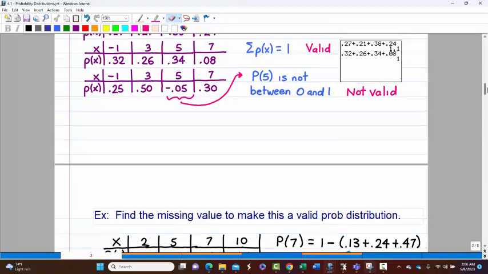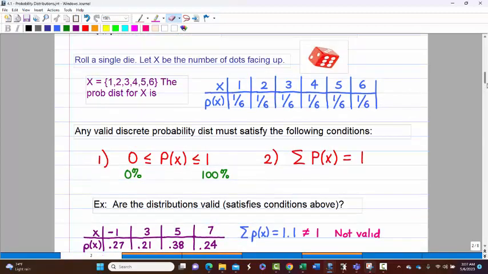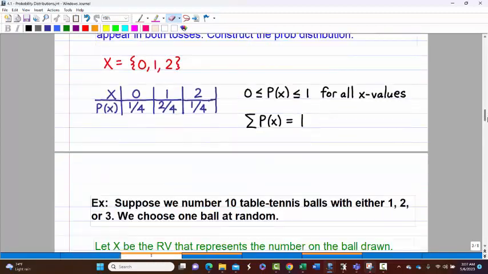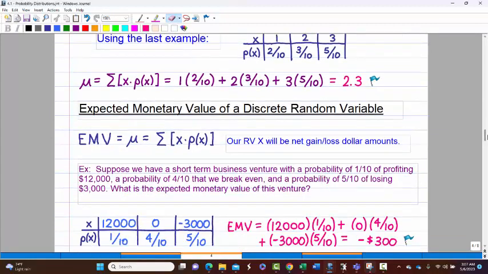So I may just say EV even though it says EMV. But this is when you have monetary outcomes involved in the problem, money gain or loss. And our random variable x is going to be the net gain or loss per a certain situation.